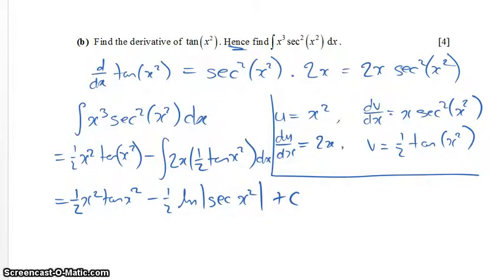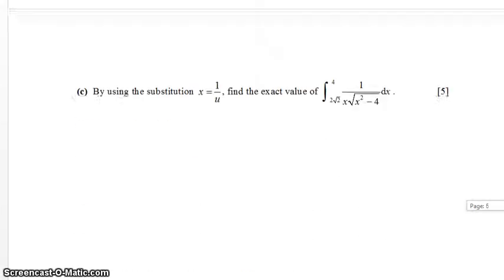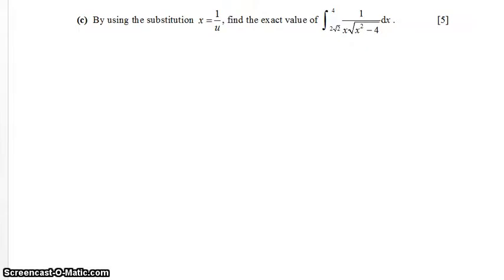Okay, moving on to 2c. By performing a substitution, I am to find the exact value of this definite integral. So here we go. I have this integral, from 2 root 2 to 4 of 1 over x squared root of x squared minus 4.